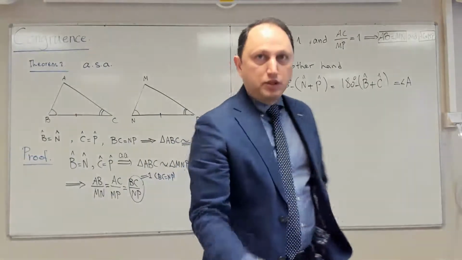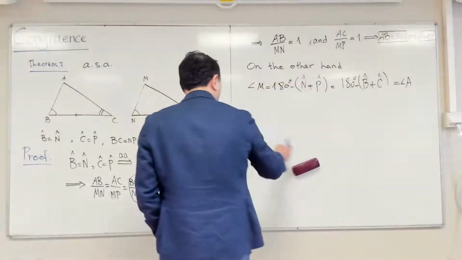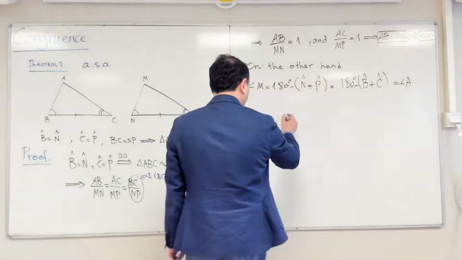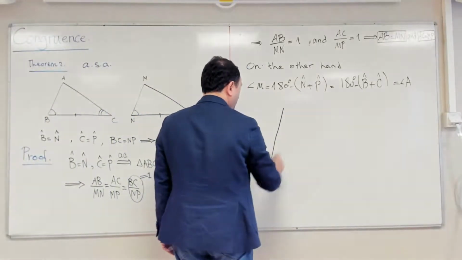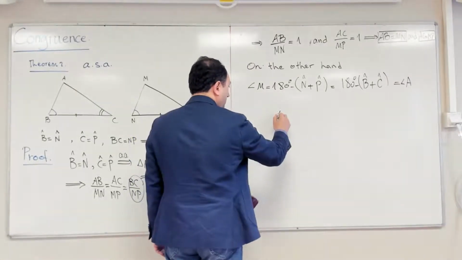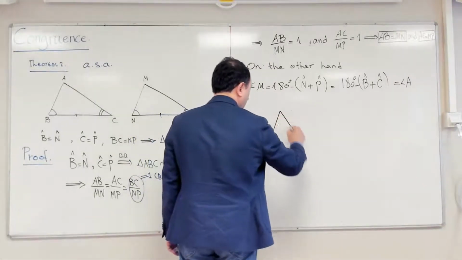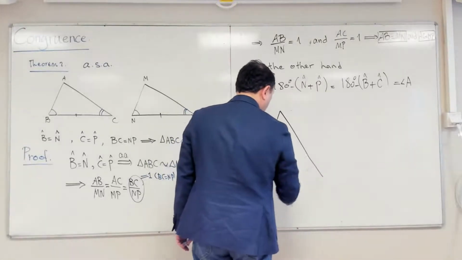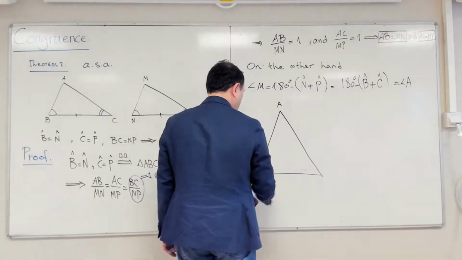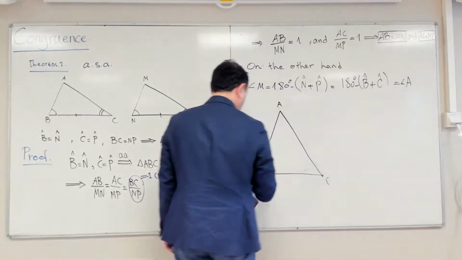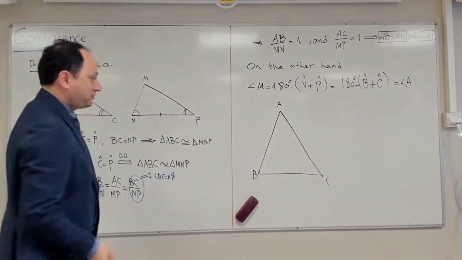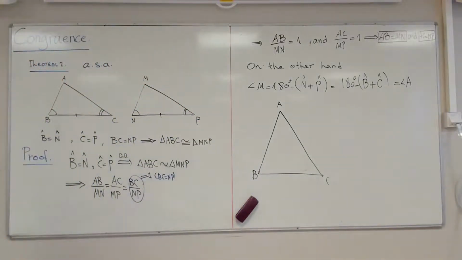So for example, let me give you an example here. I give you a triangle, yes. I would write that the figure might not be to scale, okay? But I give you another piece of information. So here A, B, C. If I ask you what type of triangle it would be, you would say it's isosceles.